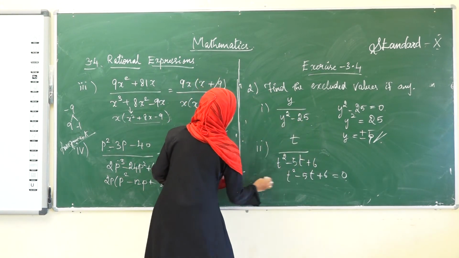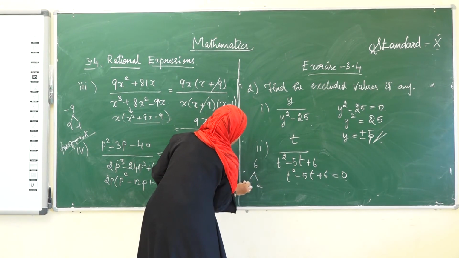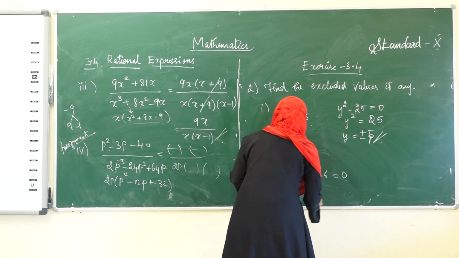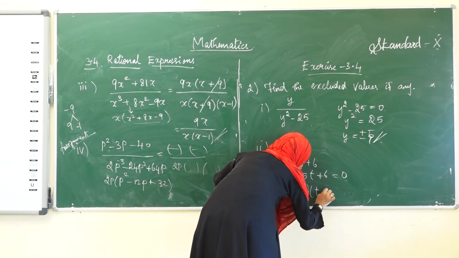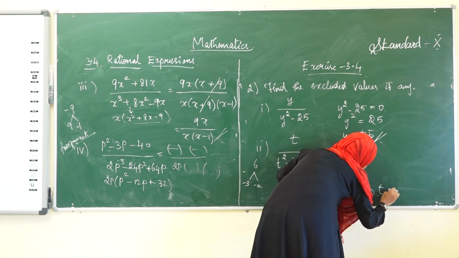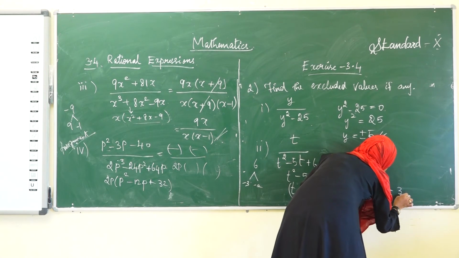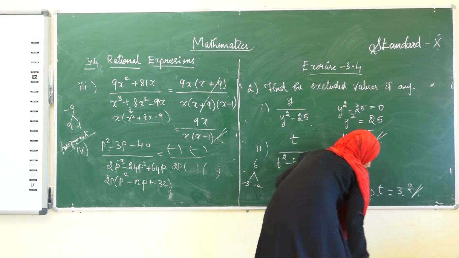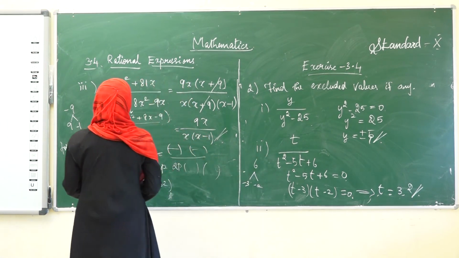We have to factorize this. 6, how can we factorize? 3 into 2, that is minus 3 into minus 2. Therefore, t minus 3 into t minus 2 equal to 0. Therefore, the values of t are 3, 2. These two are the excluded values of the given rational expression.